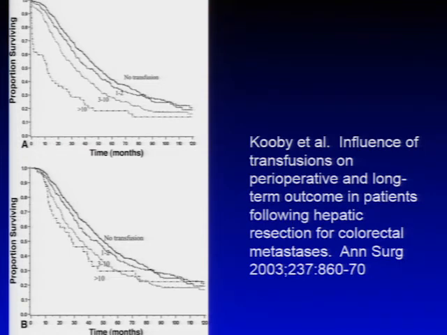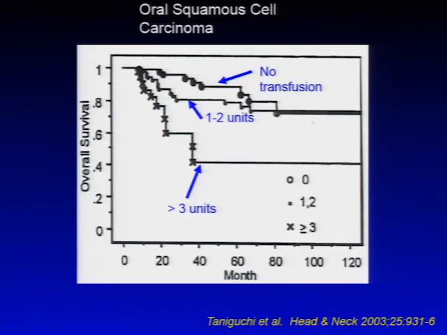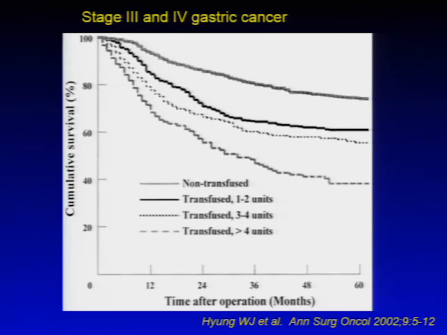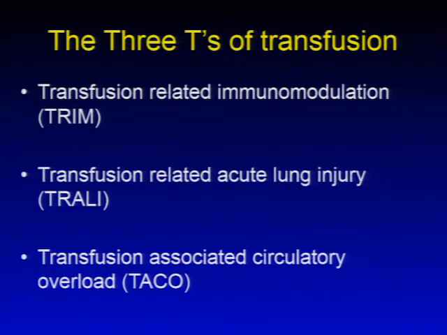Again, it's nice to illustrate the point of how transfusions can harm overall survivability. Again, more graphs showing survival curves for oral squamous cell carcinoma and gastric cancer. So really, there's a variety of patient populations in which survival is diminished by transfusions. So now let's talk again about bullets 2 and 3, TRALI and TACO.